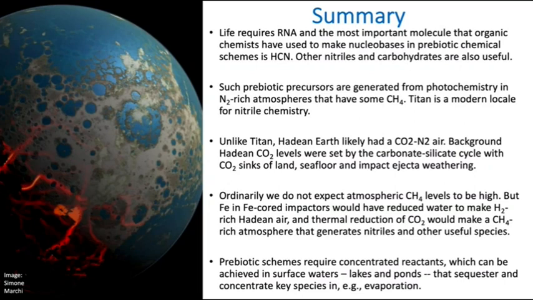In particular, one nitrile, cyanoacetylene, HCCCN, which is used to generate the pyrimidines, only has a known plausible source of atmospheric chemistry. We know that the kind of photochemistry that generates HCN and other nitriles is that in N2-rich atmospheres with some methane. Titan is a modern example of the atmospheric generation of nitriles in action.